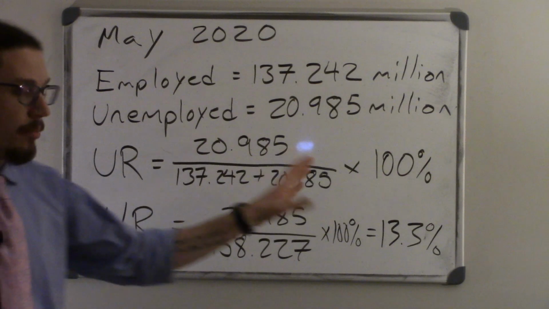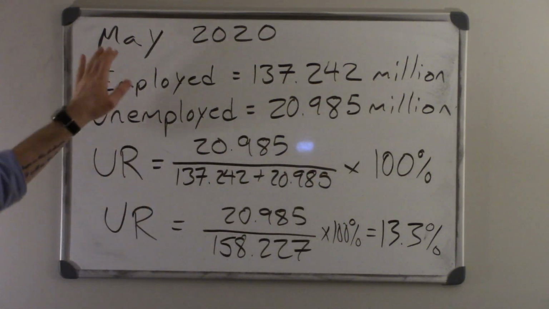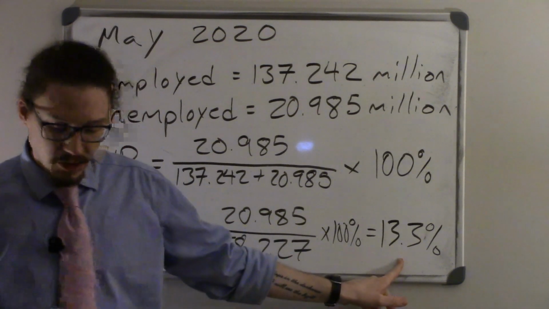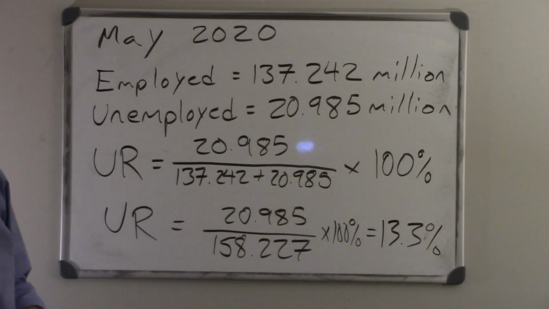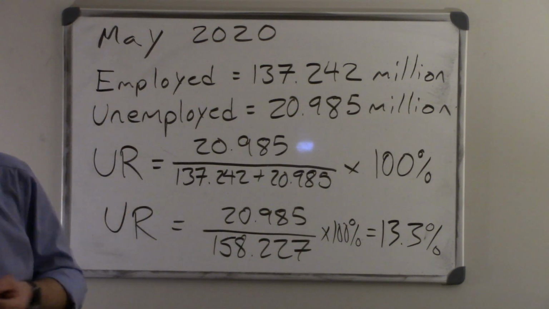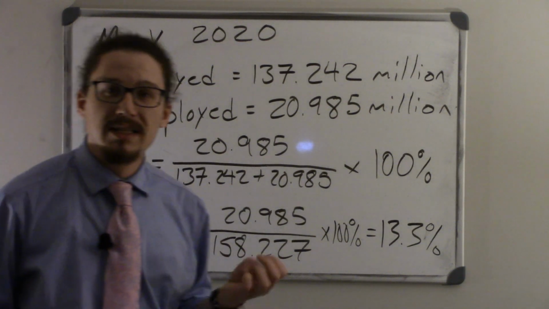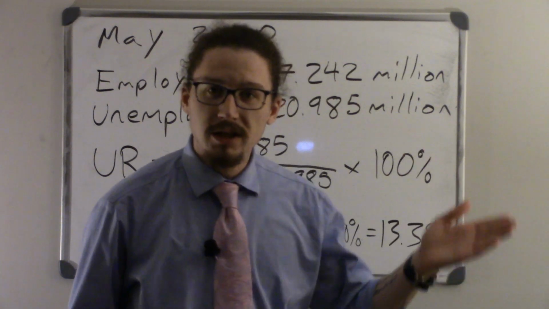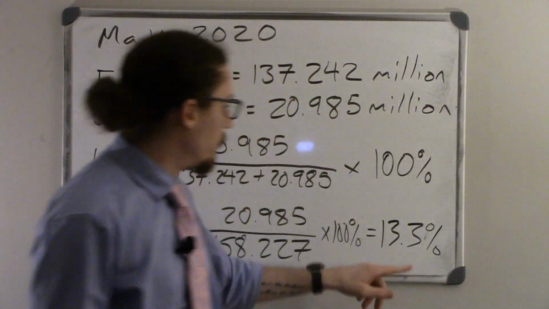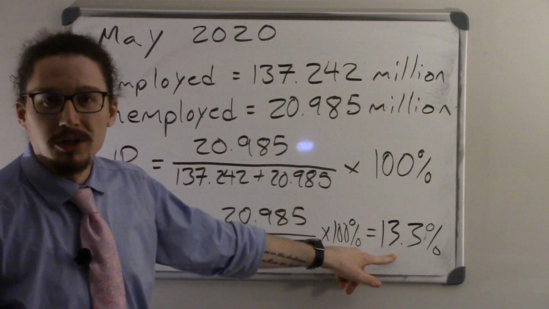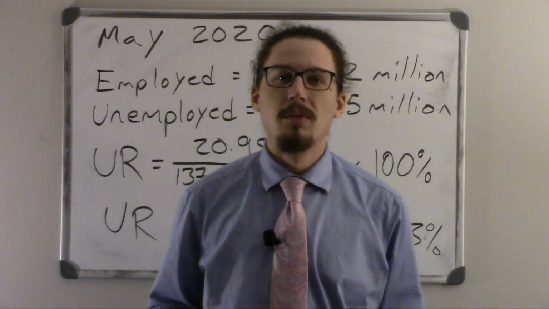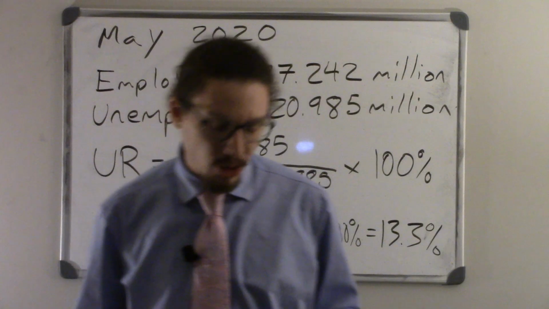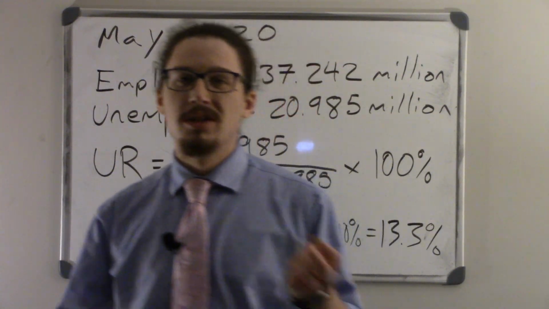As a comparison, May 2019, a year before this data was collected, there was an unemployment rate of 3.6%. So from one year to the next, we had a 10% increase in the unemployment rate, but again, that's not very common. That's not going to happen a whole lot.